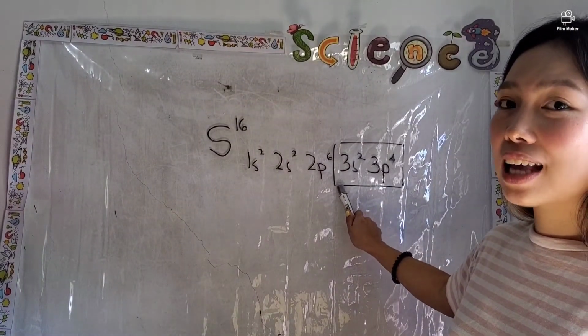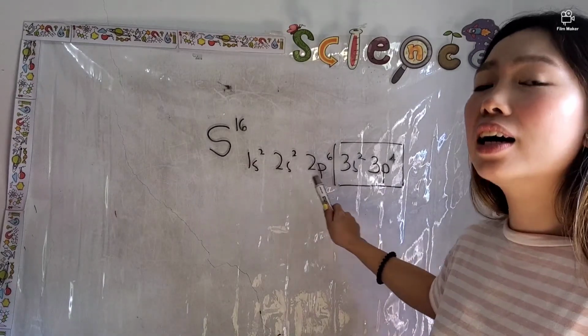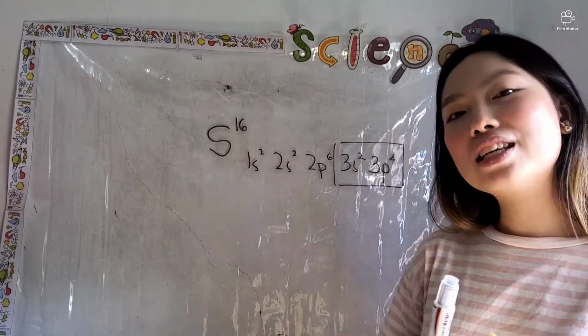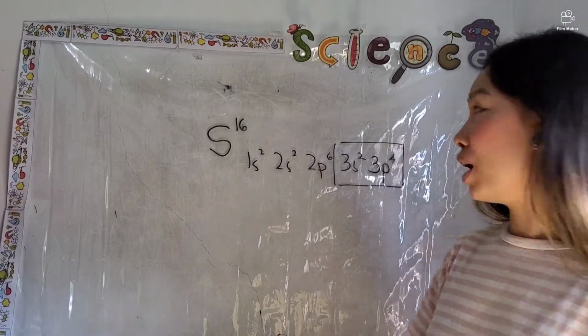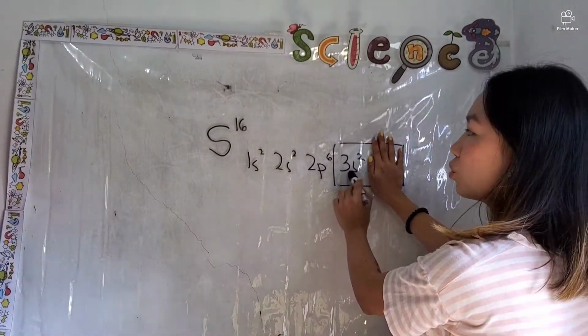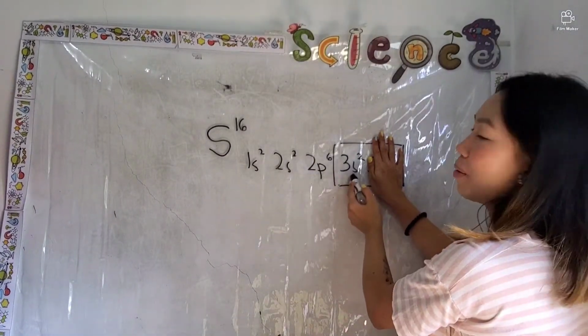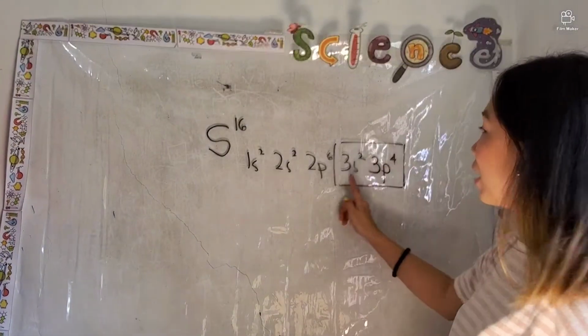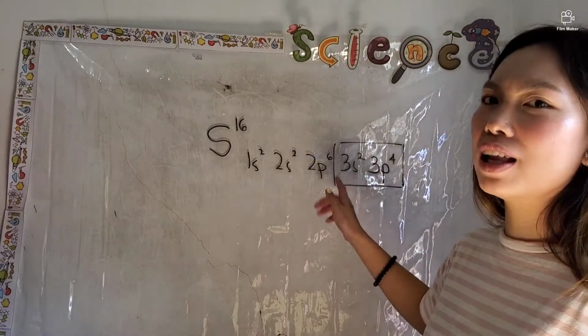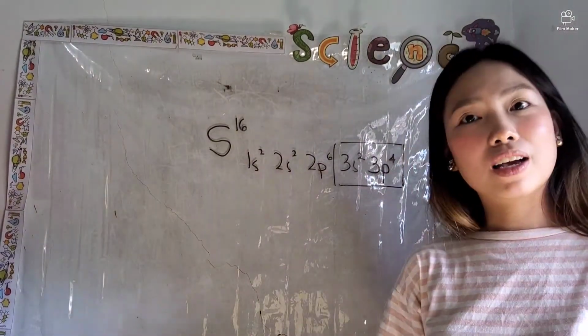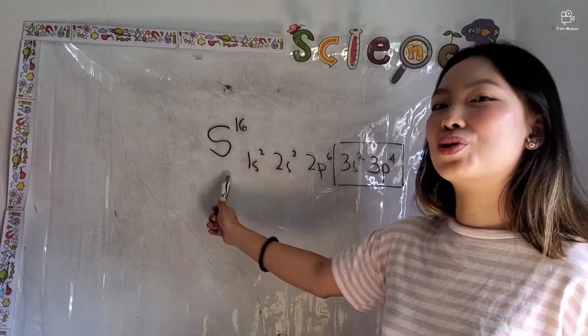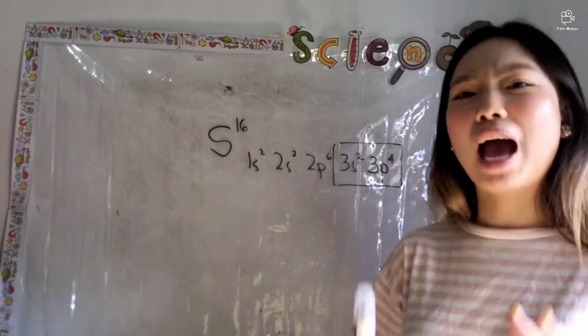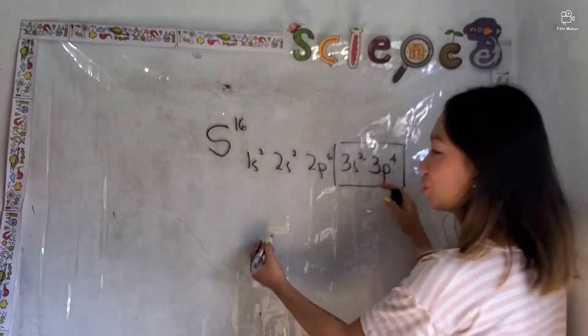Kung parehas ang energy level ng dulo, parehas mo silang gagamitin. Pero kung ganito naman ang dulo mo, dito ka lang magbabase sa dulong-dulo. Pero dahil parehas sila ng energy level, magkasama ko silang gagamitin para malaman ko ang pwesto ni sulfur. Paano? Lakihan ko to.